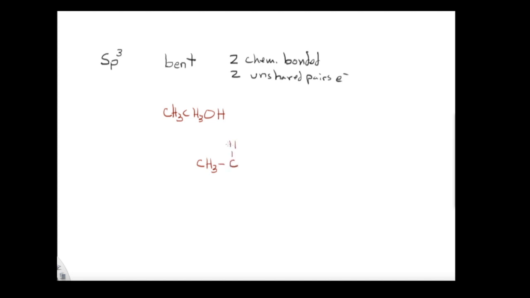Then I'll expand the methylene group here, and then we have the oxygen, and I'm going to show the hydrogen so that it's adequately bent. You can see here we have the hydroxyl group coming off. I'm showing the bent aspect of the molecule, and I'll indicate that by the blue double arrow here.